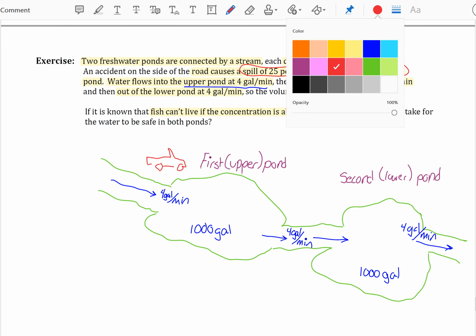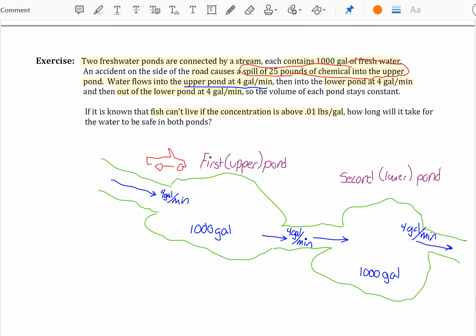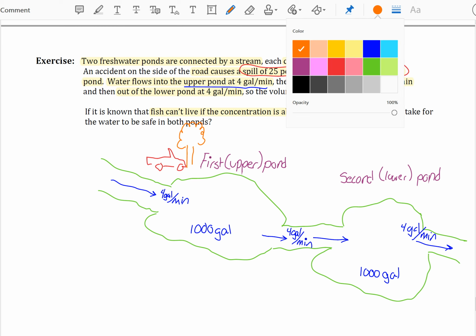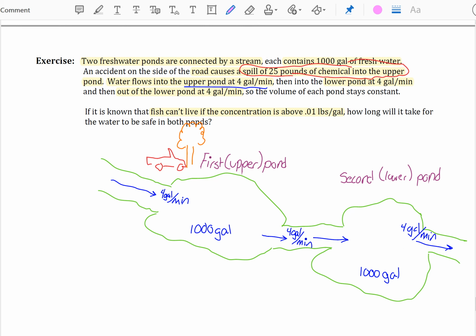A truck driving down the road comes across, hits a tree, and then some kind of chemical spills into the pond. Let's assume that there is going to be constant mixing of this chemical into the pond. So I hope this scenario makes sense.